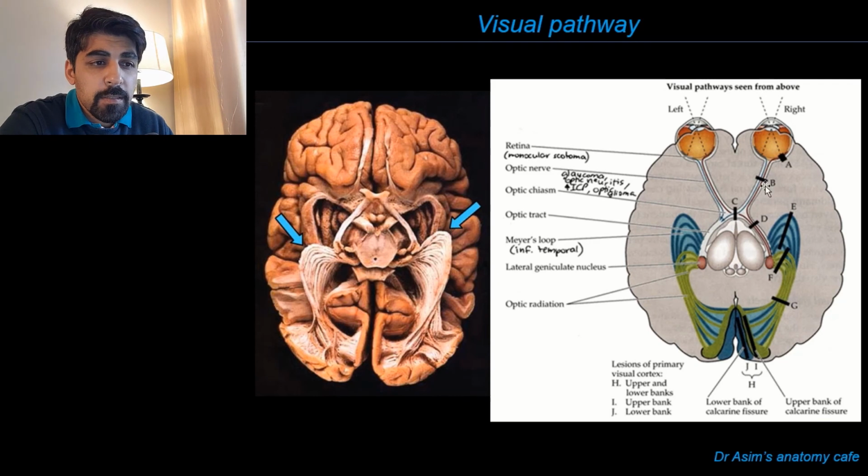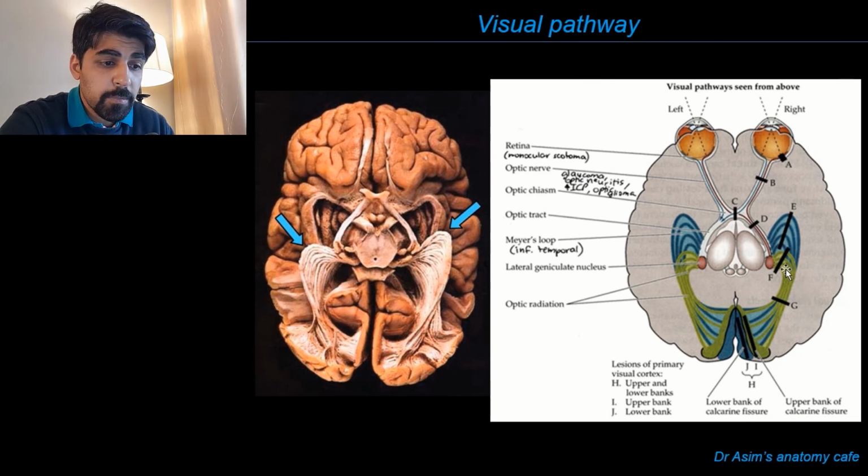Now, till here, we have been talking about the ganglionic nerve cells, the ganglionic nerve fibers, which travel in the optic nerve, in the optic chiasma, and in the optic tract, reaching up to the lateral geniculate body. Now they're going to synapse over here, and the new neurons which start from the lateral geniculate body as part of the visual pathway project out and radiate to form optic radiations prior to reaching the occipital cortex.